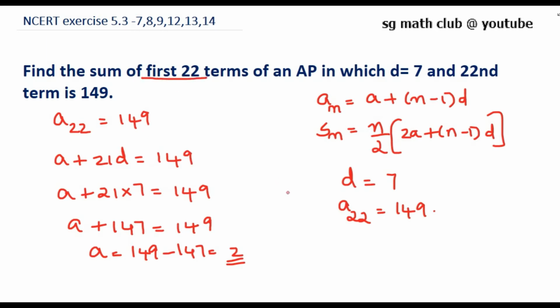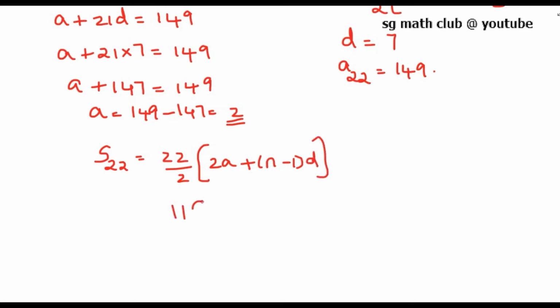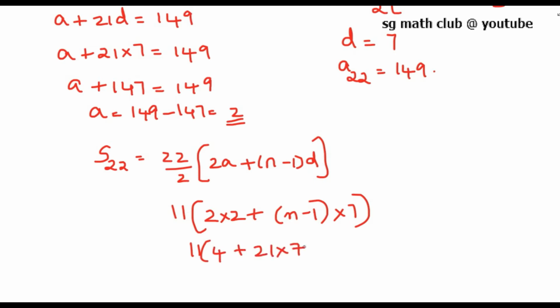So we will write S22. S22 equal to 22 by 2 into 2a plus n minus 1 into d. So 11 into 2a, which is 4, n minus 1, that is 22 minus 1, is 21 and d is 7. So we can write 4 plus 21 into 7, which is equal to 11 into 4 plus 147.